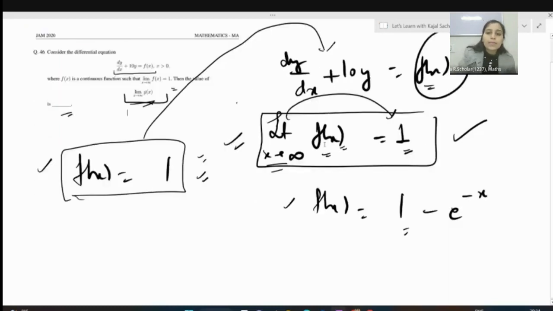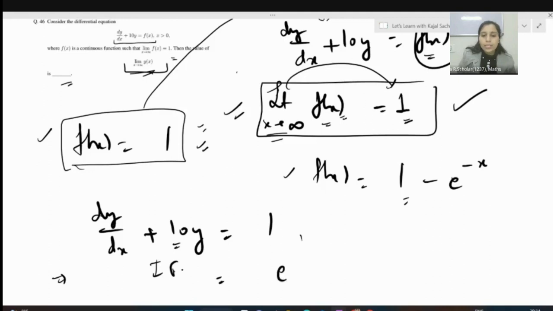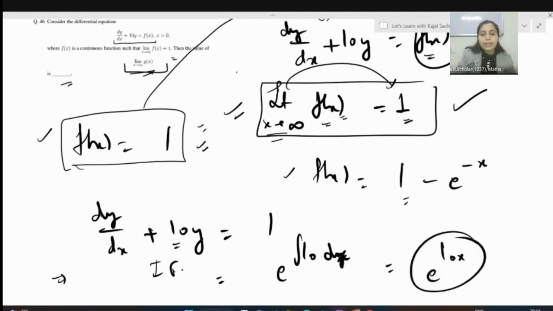Replacing f(x) by 1, we get dy by dx plus tan y is equal to 1. This is a linear equation in y. Finding the integrating factor, e raised to power integration of 10 dx, we get e raised to power 10x as the integrating factor.